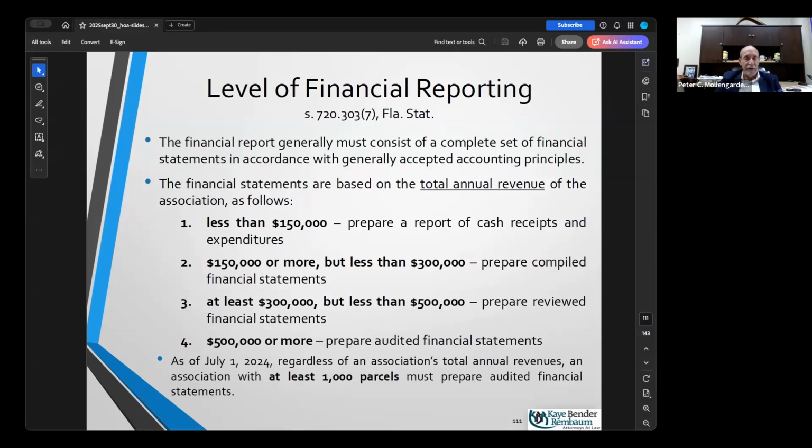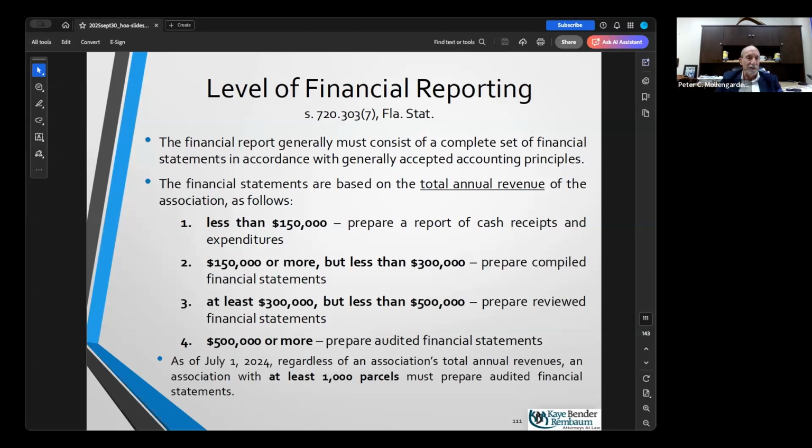There are different levels of financial reporting, okay, depending on what your annual revenues are or were. If the annual revenues were less than 150,000, it's a report of cash receipts and expenditures. If the annual revenues were 150,000 but less than 300,000, the requirement is a compilation or a compiled financial statement.